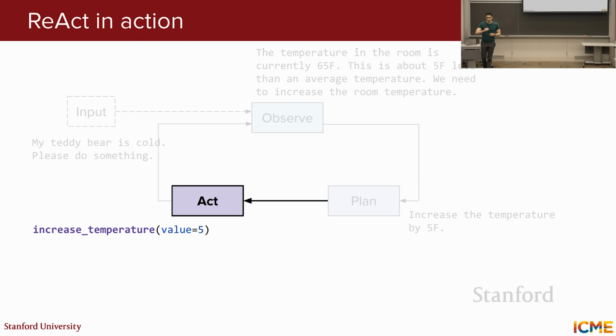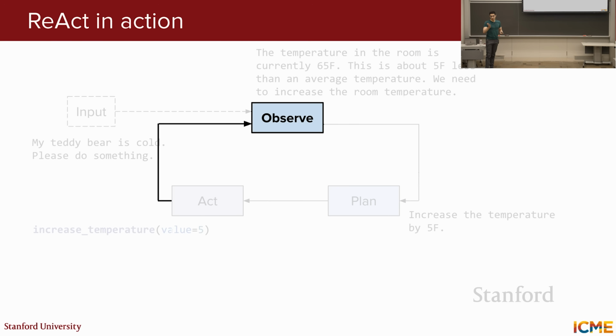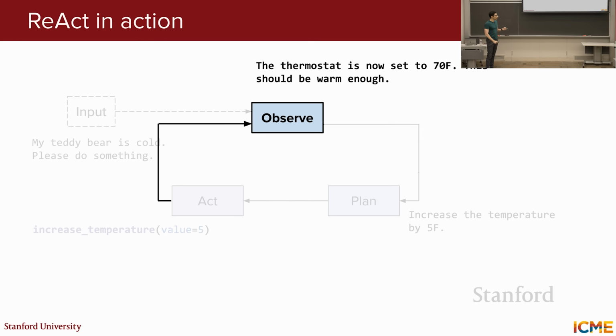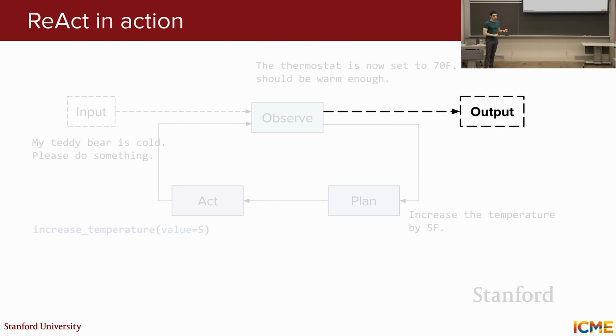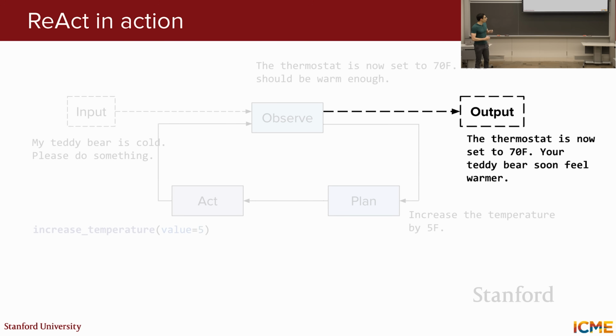So you can adjust the temperature, and then once it's done, the observe stage concludes that the temperature is now set correctly. And this is the time where you can exit the loop and return the response to the user. So here we have increased the temperature by 5 degrees, and then the output reads that back to the user in the hope that it has fulfilled the user's query.